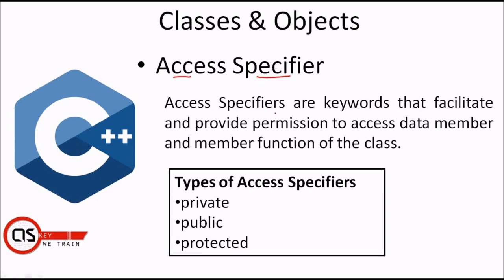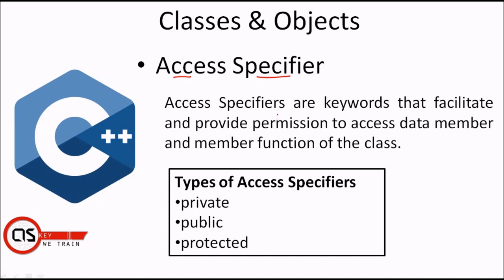Access specifiers are basically keywords that provide the permission to access data members and member functions of the class. These access specifiers decide whether your data members or member functions can be accessed by an external function or not.